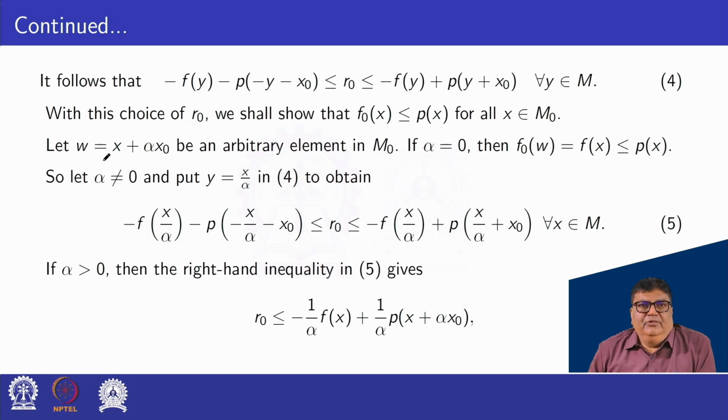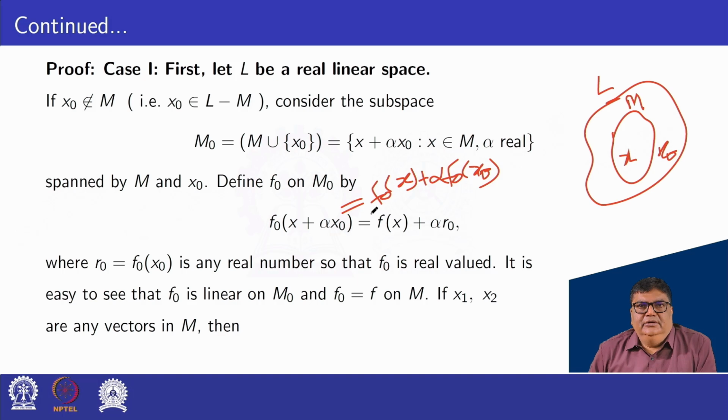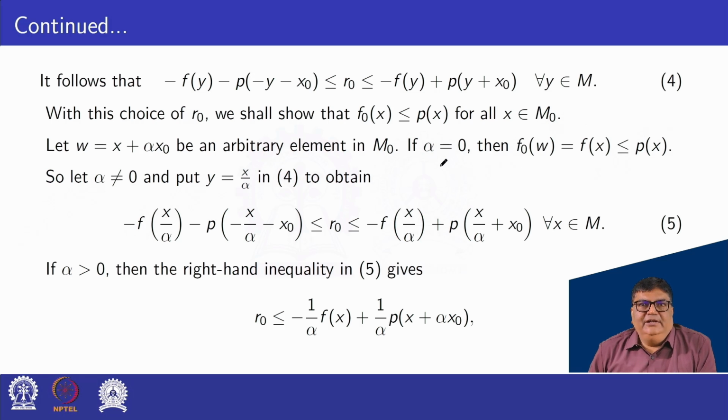Let omega equal x plus alpha x0 be an arbitrary element in M0. Here x plus alpha x0 is omega. If alpha is equal to 0, then f0 of omega is equal to f of x, and f of x is less than or equal to p of x.